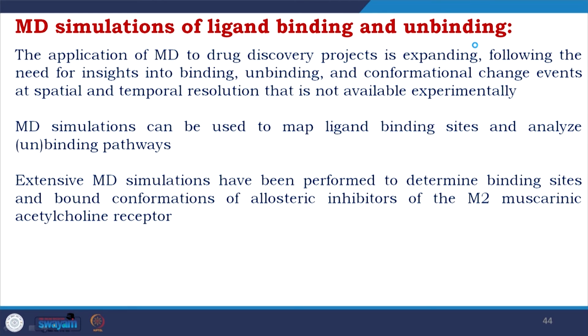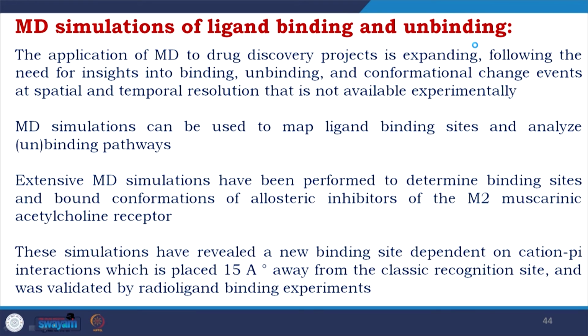Extensive MD simulations have been performed to determine binding sites and bound conformation of allosteric inhibitors of the M2 muscarinic acetylcholine receptor. These simulations have revealed a new binding site dependent on cation-pi interactions, which is placed 15 angstrom away from the classic recognition site and was validated by radioligand binding experiments.